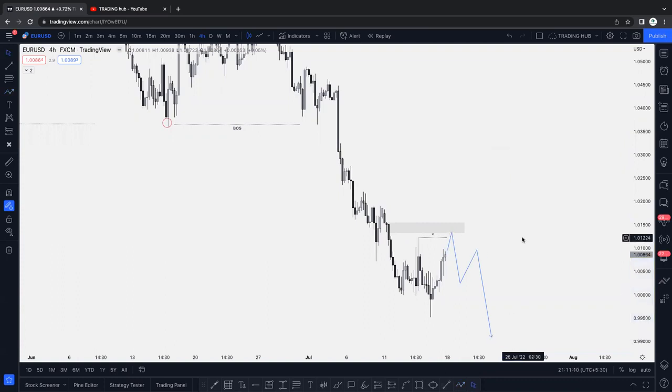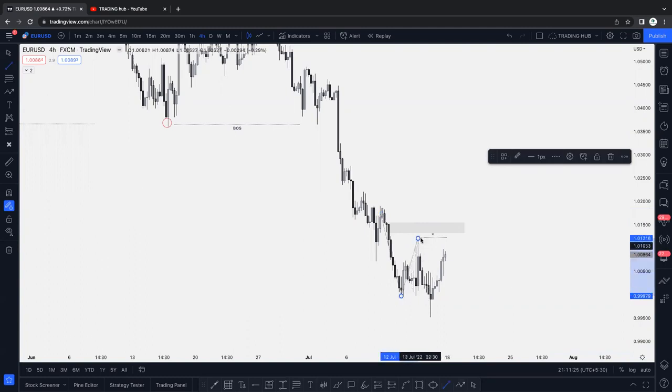Okay, and sell above this high, possibly here, like this. So as per the 4 hour perspective, the market is still bearish, and price must take out this high before the sell. And why this high? Because the market created this as a single leg like this. Okay, then the market takes out this high, then we can sell.